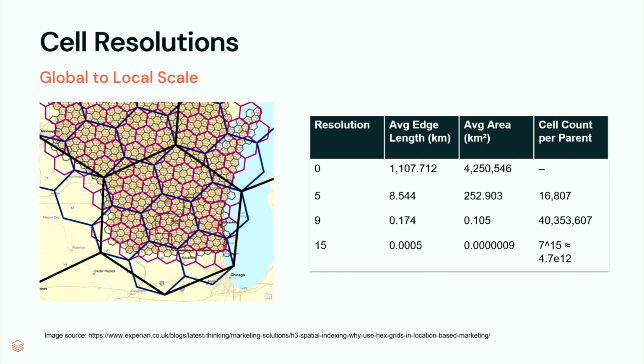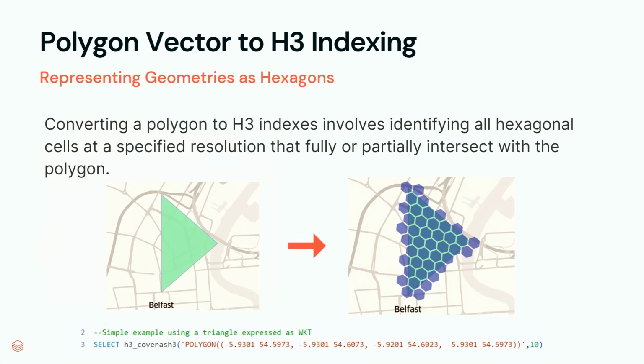Depending on the resolution of the data that you're looking at, you can go all the way from resolution 0, which is thousands of kilometers in area, down to cells that are roughly about one square meter. So you can take it down to quite a granular level. It's really just about picking the scale that's best suited to the data you're looking at.